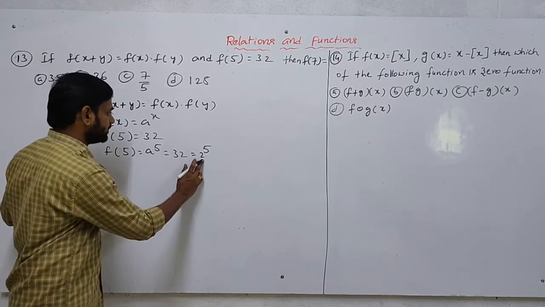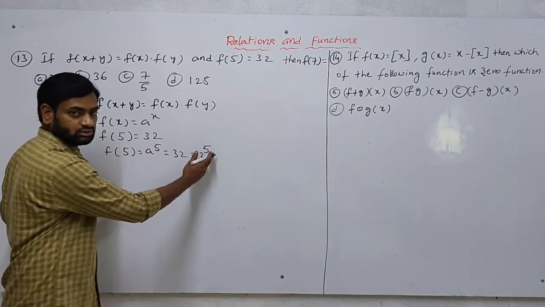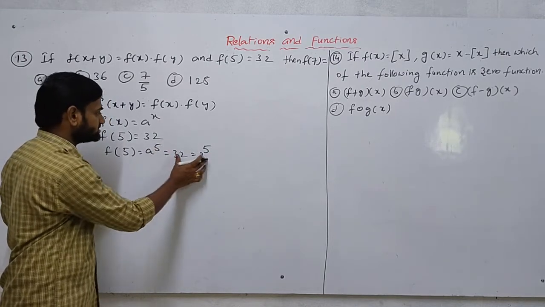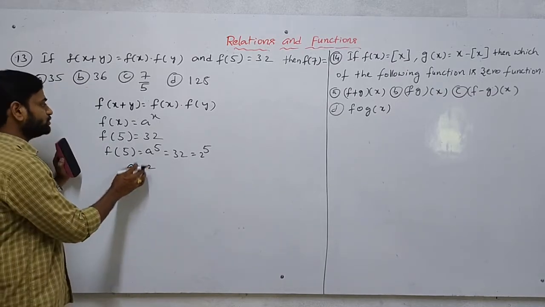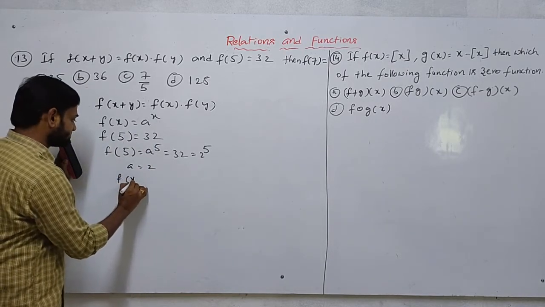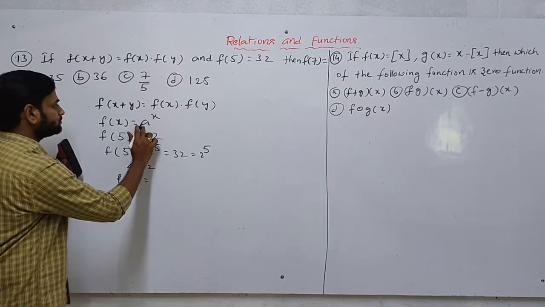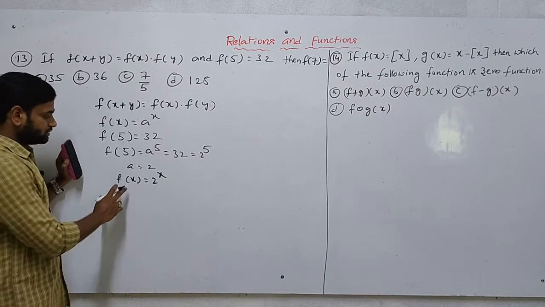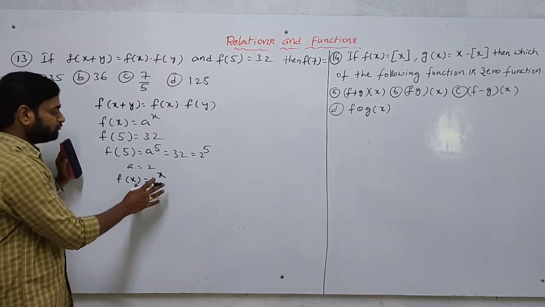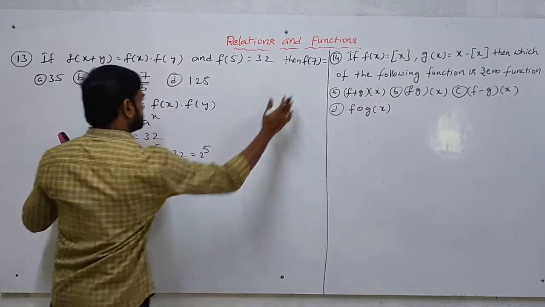So bases are equal when powers are equal, you can equate the bases, that is a value is 2. Now what is the original function? f of x equal to, you got a value 2, substitute, 2 power x. Now it is 2 power x. Now which value do we have to find? f of 7.